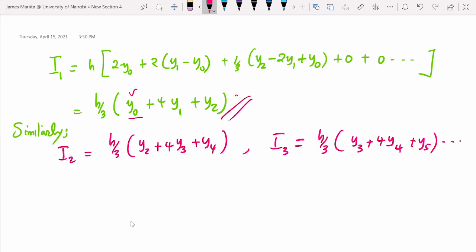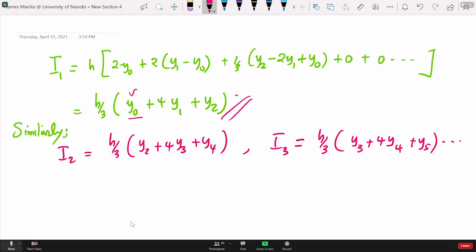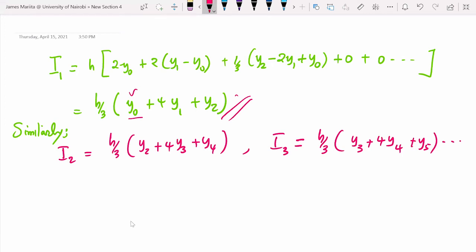Is that okay? Let's do it together, please. Yes. Up to that point, it's correct, right? Yes. So I2 then, from this one, if we want to work it out, how is it gonna be? We have h over 3.